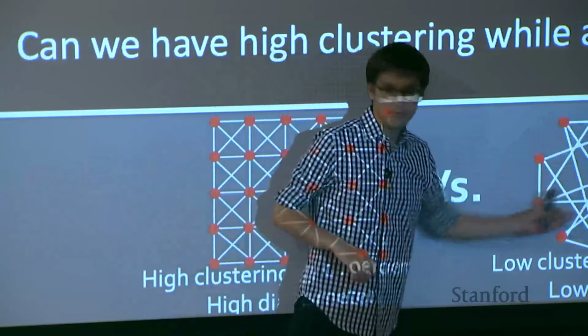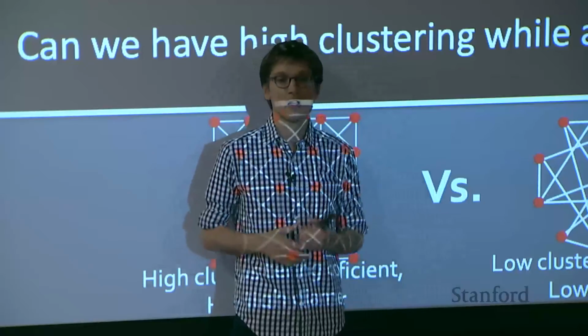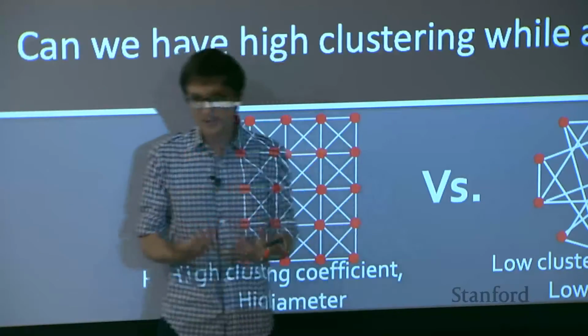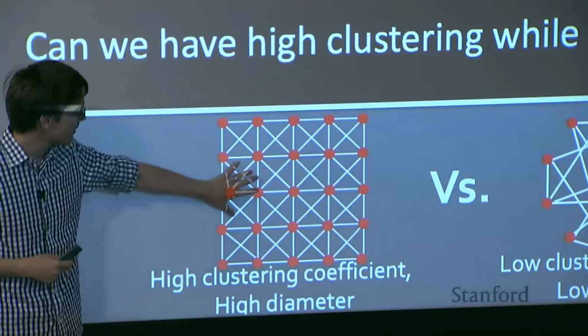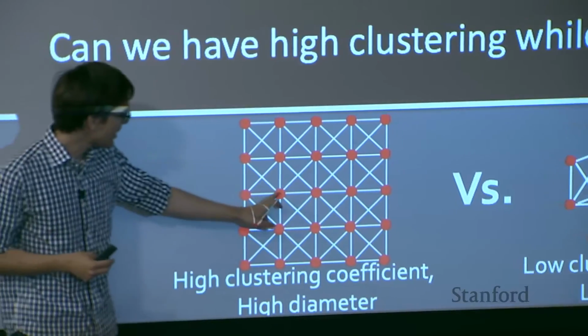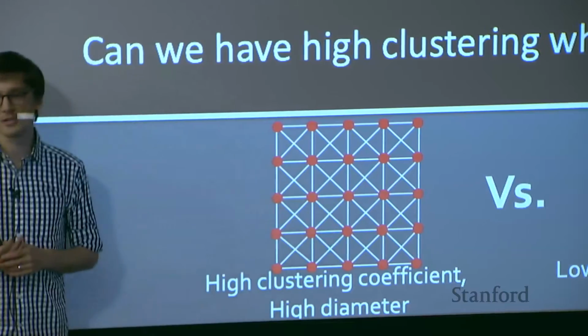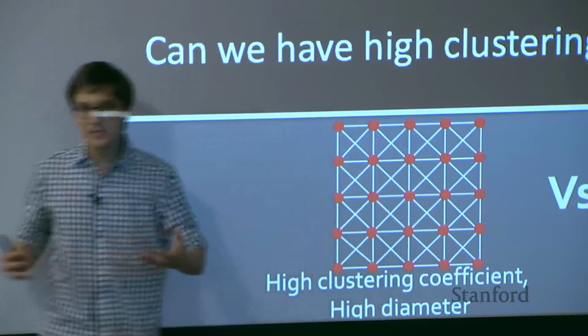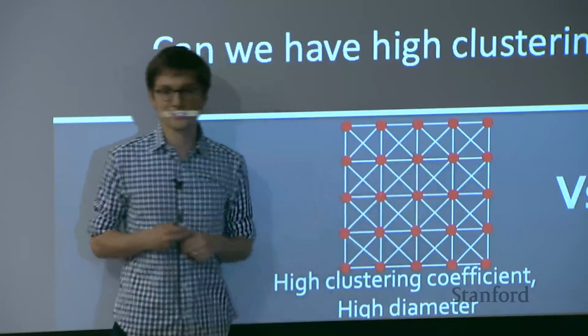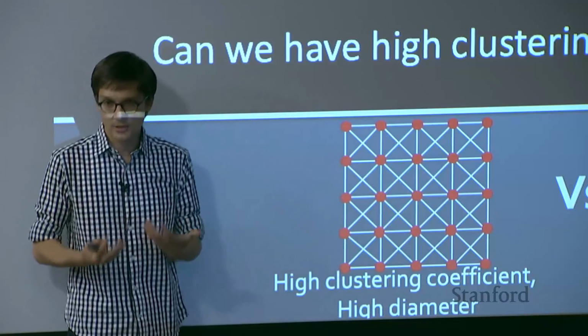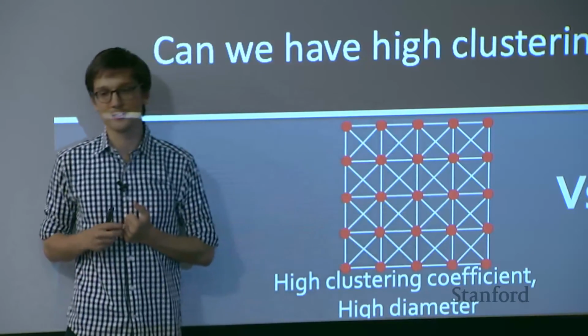So this friendship graph is not random, but has a lot of clustering. A structure that would have a lot of clustering would look like this. For every node, it has some friends, and these friends know each other as well. So these grid structures have a very high clustering coefficient, and social networks have high clustering coefficient.